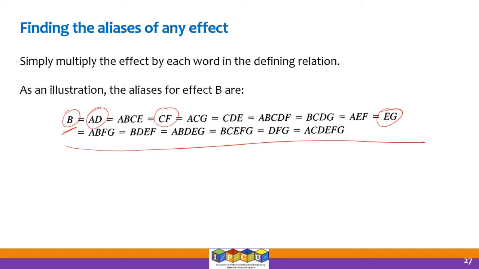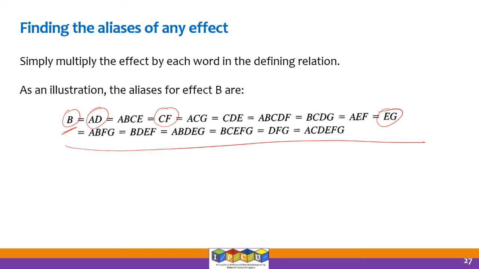Therefore, you would not be able to tease out the effect of B from the effect of AD, CF, or EG in this particular design of the experiment. But sometimes you will have no choice because you are not doing as many experiments as you would like to do, and therefore you have to live with the alias structure that is there. But to the extent possible, use design generators that will give you better aliases and better resolution.